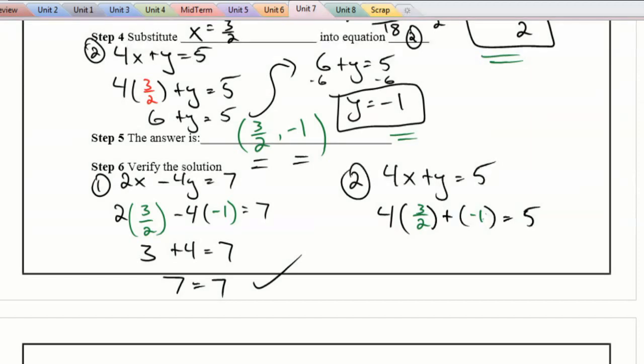And then I get is 5. So 4 times 3 is 12 divided by 2. Should give me 6. And then I'm going to get minus 1 is 5. And I get 5 is 5.